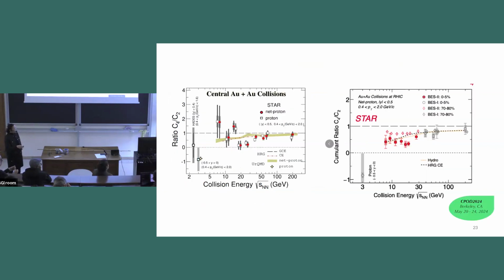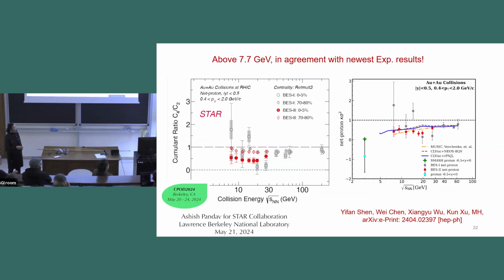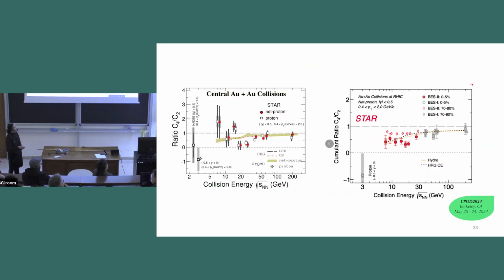In the equation of state, this blue one, we have the critical point, but it turns out that the equation of state without it gives the same, so it's equation of state independent.